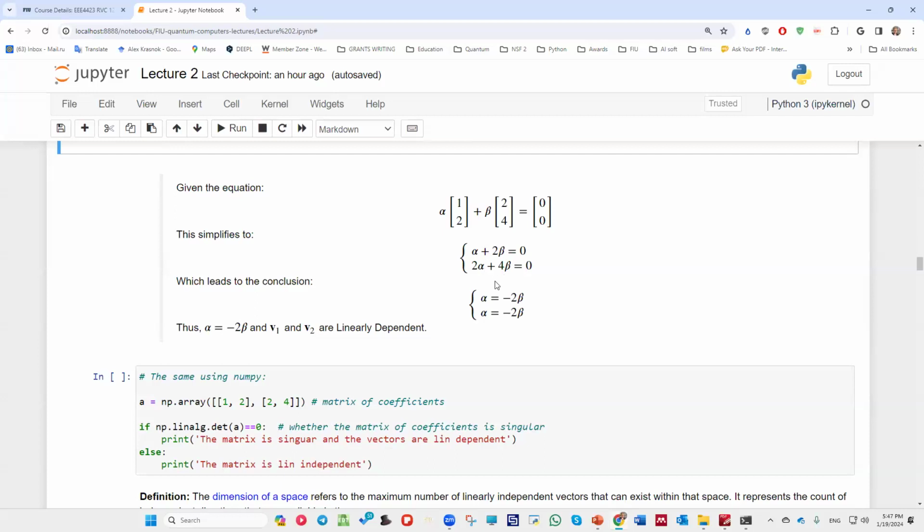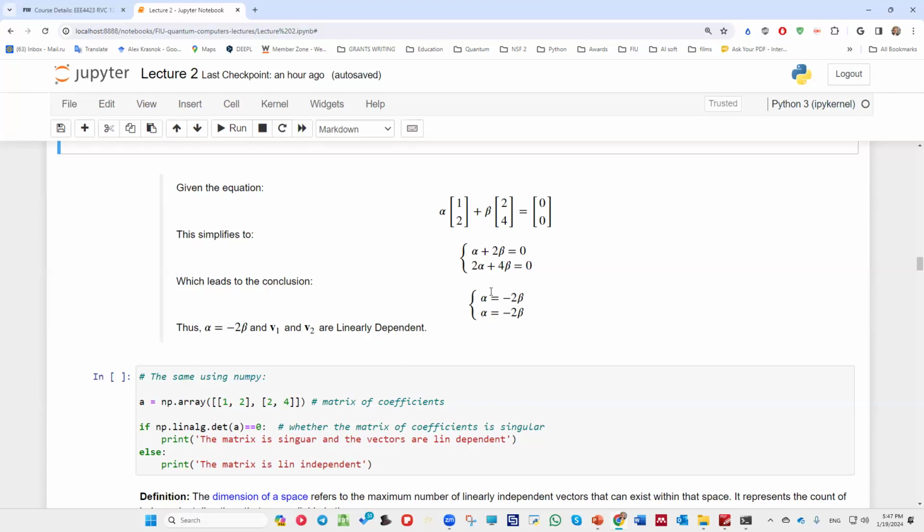And after simple algebra, we can get this answer that alpha is equal to -2 beta. So basically, for any beta, like you can say 1, right? You can find a non-zero alpha, which means that these two vectors are linearly dependent.